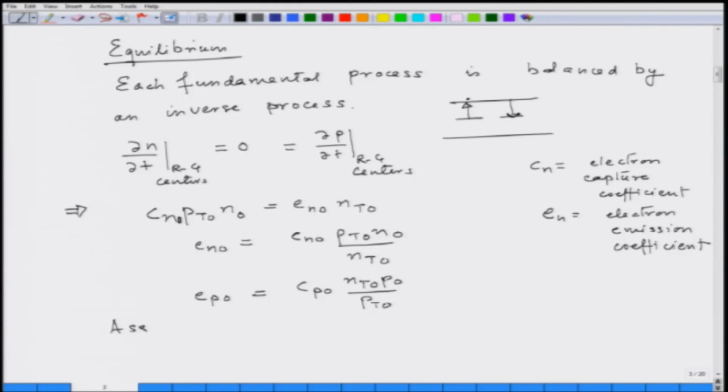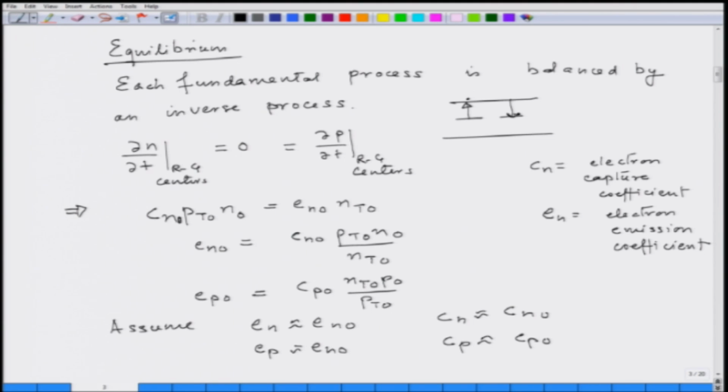We assume that E_n remains similar to its value in equilibrium, and C_n also remains similar to its value in equilibrium. Similarly, for E_p for the holes, its value is close to what it is in equilibrium, and for capture of holes also its value is close to what it is in equilibrium.